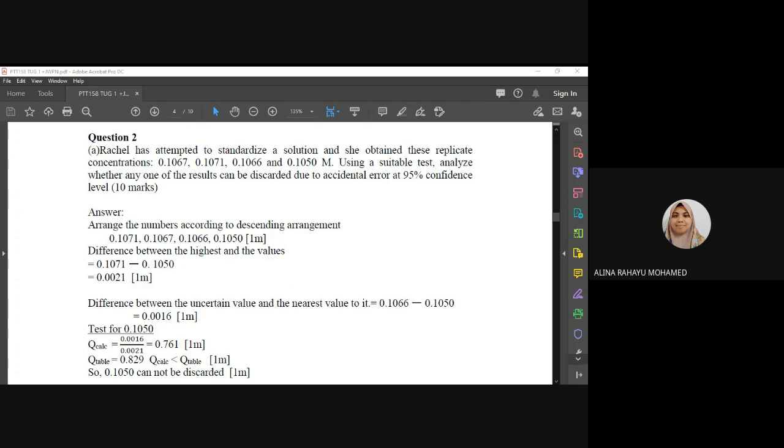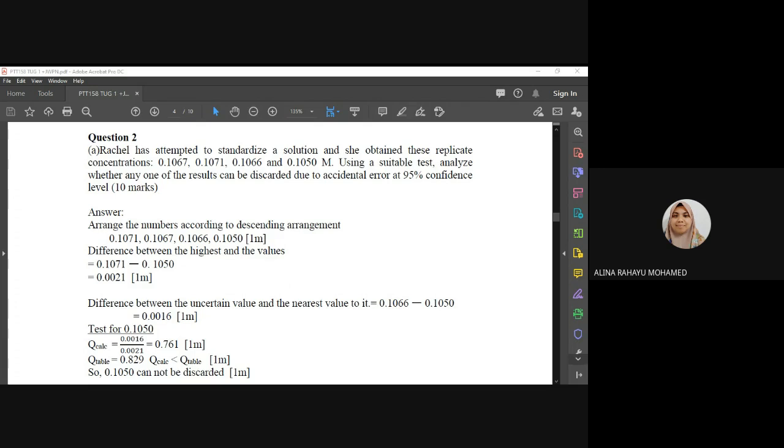So 0.1071 minus 0.1050 is 0.0021. Then the difference between the uncertain value and the nearest value to it, 0.1066 minus 0.1050, which is 0.0016. So this is when we are going to test for 0.1050.